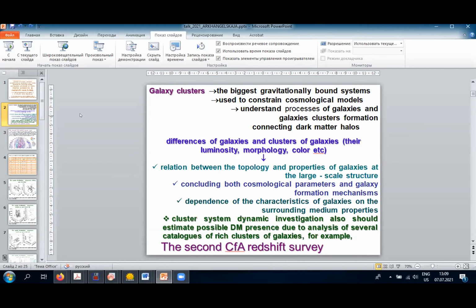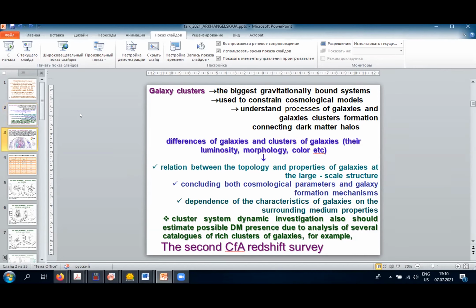Thus, if we investigate cluster system dynamics, in this case, we can possibly estimate dark matter presence through analysis of several catalogs, for example, the second CfA redshift survey.